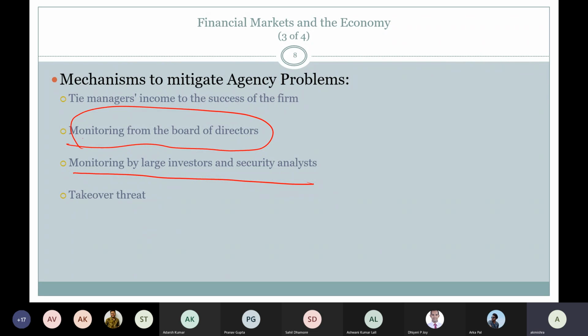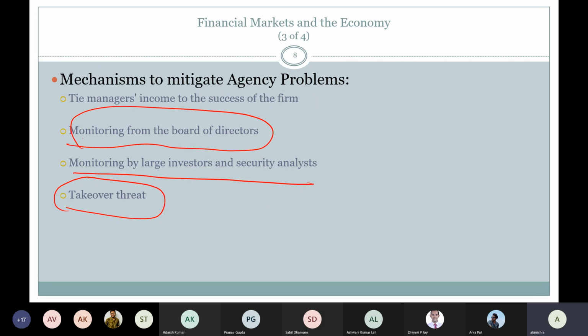And the last option is the takeover threat. If nothing is working, but you need some kind of control, then there is the takeover threat. If the manager already has some controlling ownership because shares were given, then the overall shareholders and owners can take the majority of control and send the manager out.